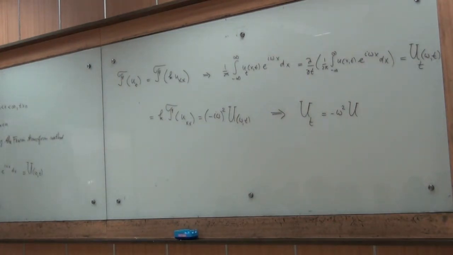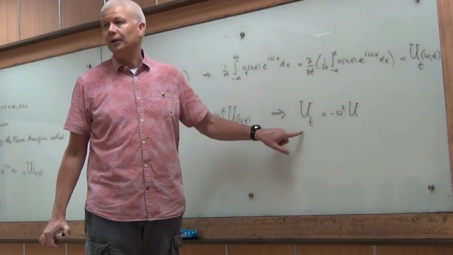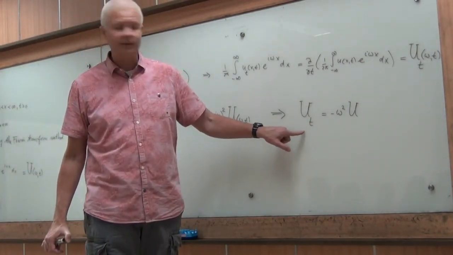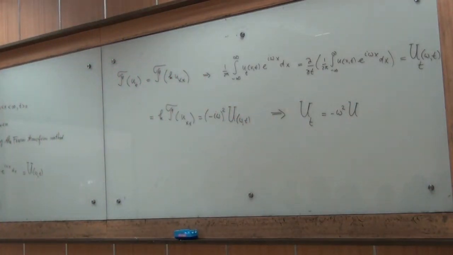So my PDE becomes this PDE. At least that's much simpler, because I start here from a second order PDE, and this now is a first order PDE, but it looks like an ODE. So I can treat it as an ODE, and the constants of integration will be depending on the variables to which I do not integrate. So I can solve this easily.